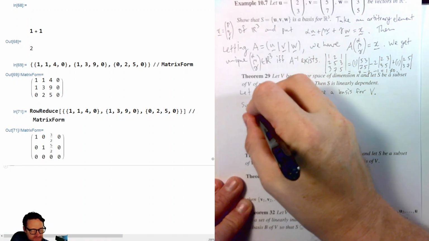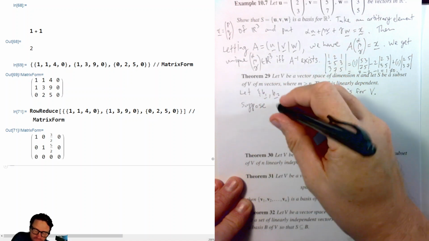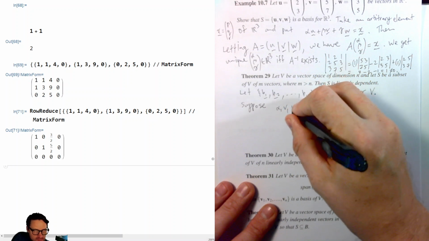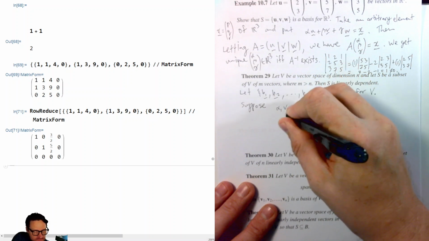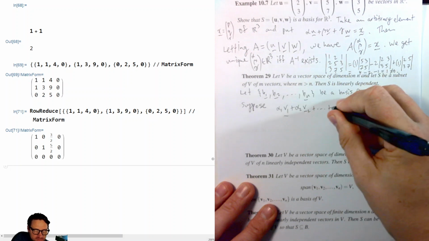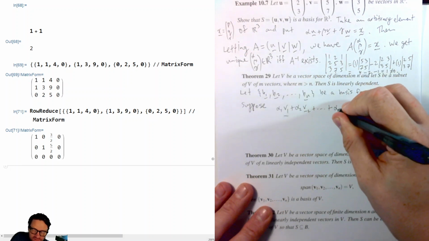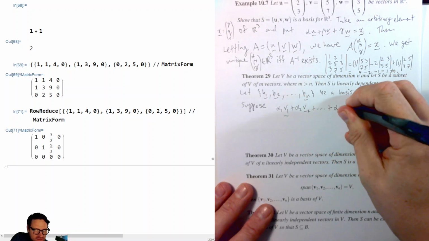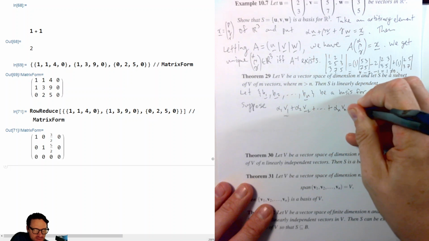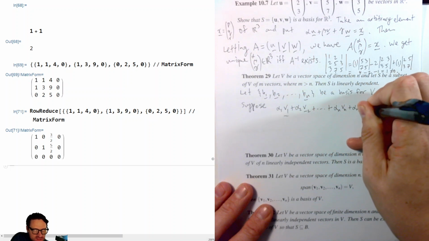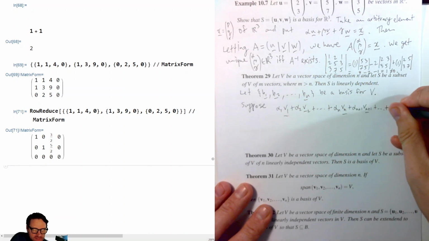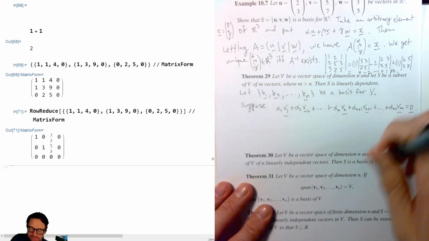Okay, now suppose alpha 1 V1 plus alpha 2 V2, etc. plus alpha n Vn plus alpha n+1 V(n+1), and so on up to alpha m Vm is the zero vector.